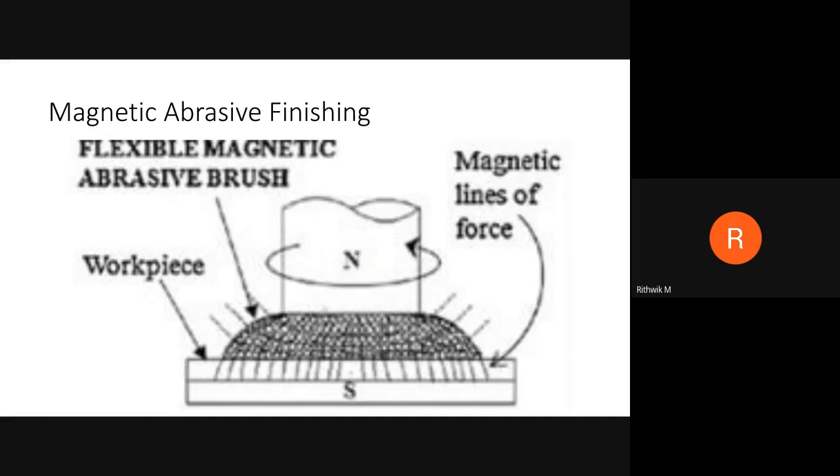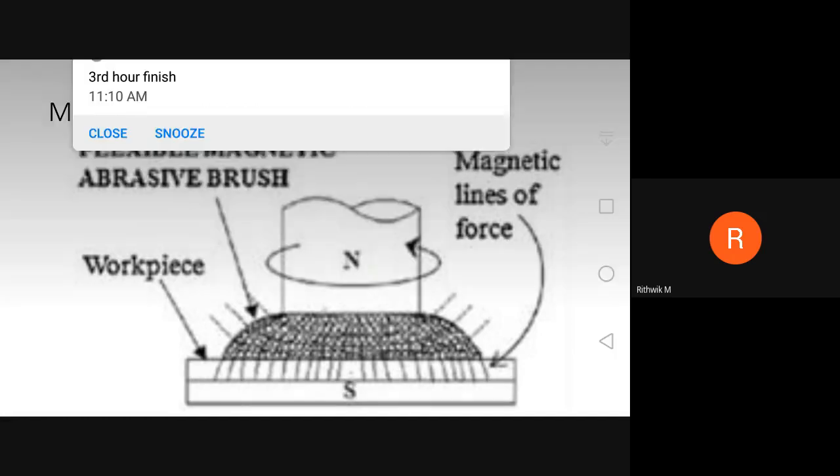When the magnetic field is applied, either using a permanent magnet or an electromagnet, there will be magnetic lines of force, and due to this the abrasive particles and the magnetic particles will join each other along the lines of magnetic force and form a flexible magnetic abrasive brush.